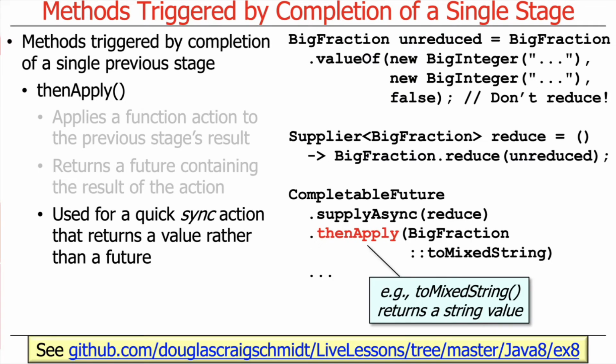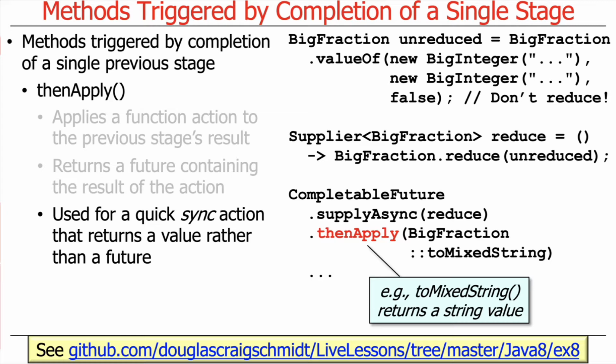So let's take a quick look at an example. We've looked at this before, but now we'll zero in on the thenApply portion. This is the example where we've got a big unreduced fraction, and we have a lambda variable called reduce that's going to reduce that big unreduced fraction. We use supplyAsync to do that reduction in the background. And when that reduction completes, the thenApply method is triggered.